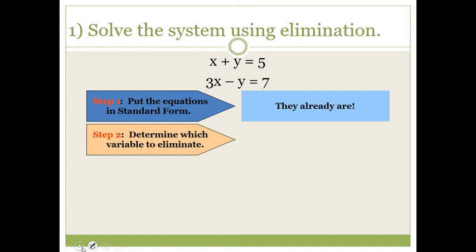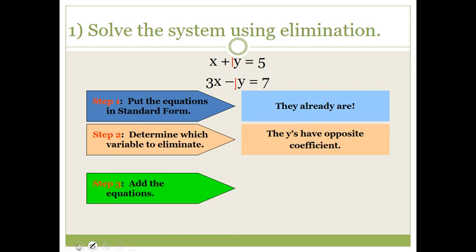So in this case, the y's have opposite coefficients, because this y really has a coefficient of 1, and in the second equation, this y has a coefficient of negative 1. So they have equal but opposite coefficients.